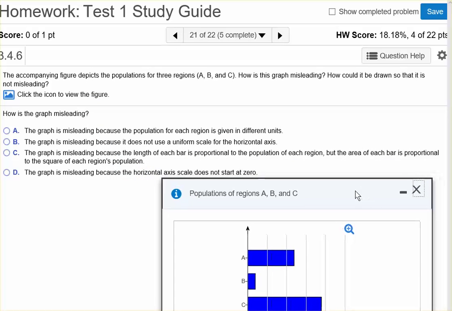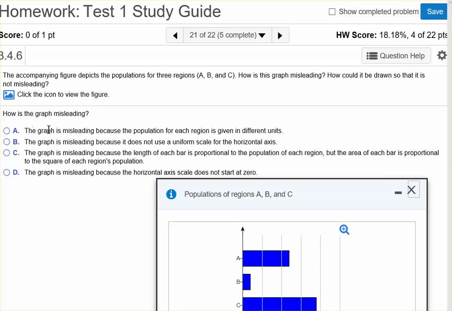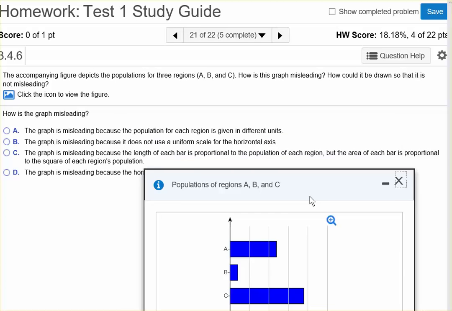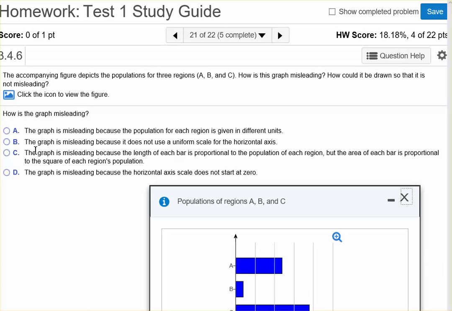So the choices here are A, the graph is misleading because the population for each region is given in different units. Well, here's our population, and the units are 15, 20, 25, 30, 35, 40. So the units are the same. So I'm going to have to disagree with A. B, the graph is misleading because it does not use a uniform scale for the horizontal axis.